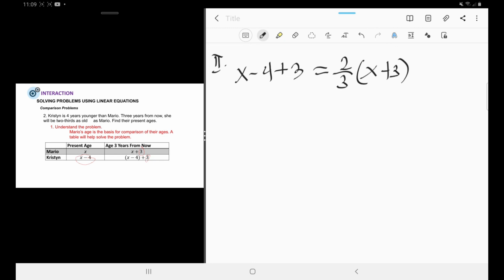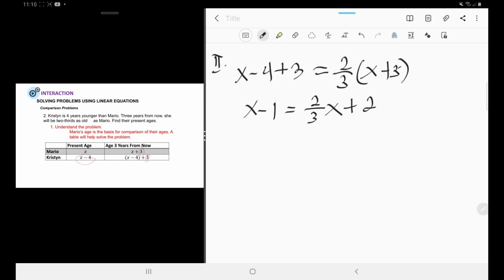Okay, so let's simplify this. Combine similar terms. We have x minus 4 plus 3, that is x minus 1, is equal to 2/3 times x, is 2/3 of x, and then 2/3 times 3 is 2. So that's positive 2. Okay, so we want to get rid of the fraction.